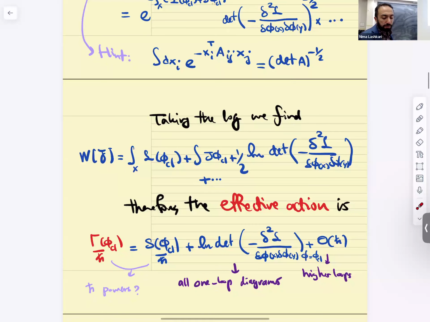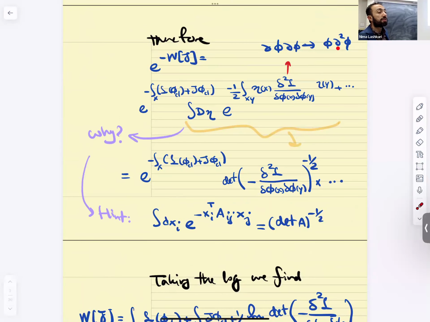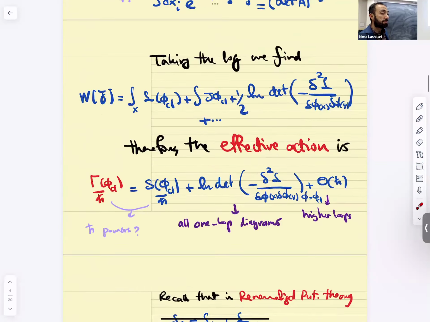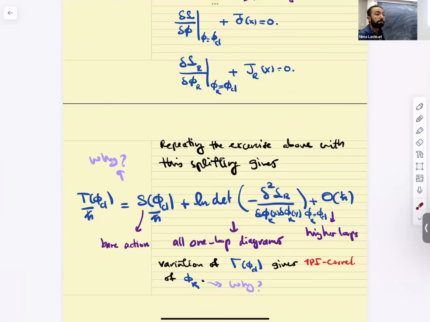Any questions about this expression? All the one loop effects are captured in this log determinant. Of course, I just told you one contribution to it is del squared. That's the boring contribution. Well, actually, that's not so true. There's a mass term, right? Okay, good.